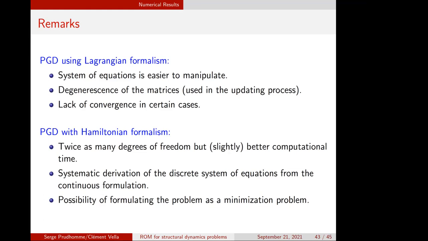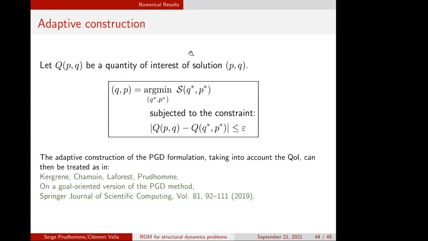It's nice because actually we have a systematic derivation of the discrete system, and we have also some flexibility when we want to use some numerical approximation, especially in time. And also for us, because in the end, what we want to do is to look at the error and essentially try to develop a method that is going to be optimized with respect to some error in some quantities of interest. We have then the possibility of formulating the problem as a minimization problem. And the idea is as follows.